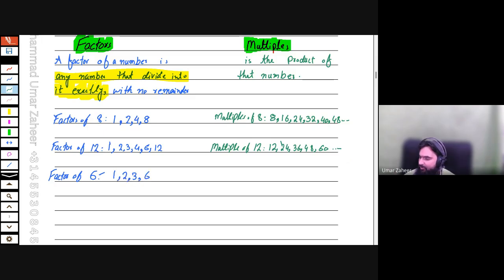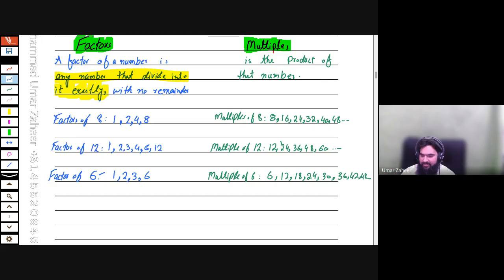In the same way, we talk about the multiples of 6. It will be 6 times 1 is 6, 6 times 2 is 12, 6 times 3 is 18, 24, 30, 36, 42, 48, and so on. Okay, factors and multiples are clear.